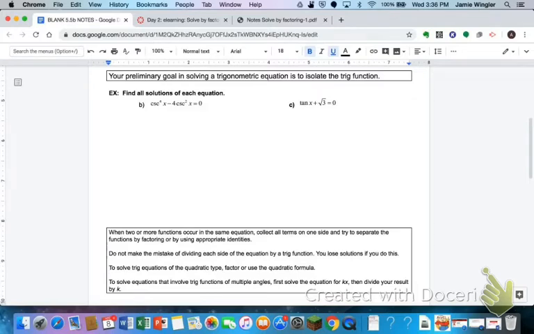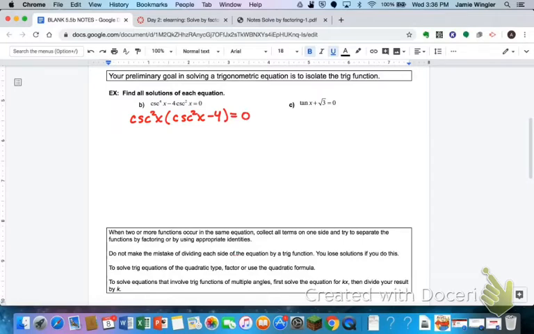On example B, since we only have cosecants in our problem, we can start by factoring out a cosecant squared of x, which leaves us with cosecant squared of x minus 4 equals 0.